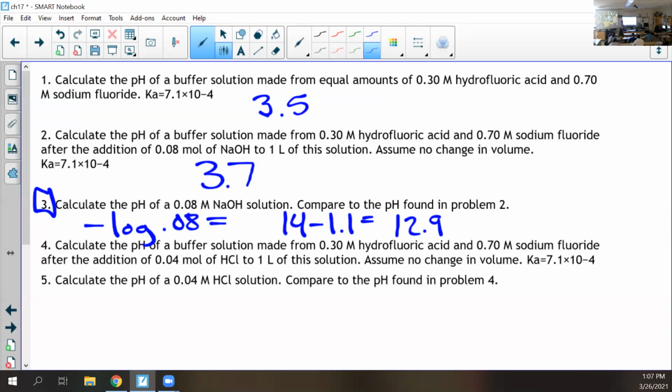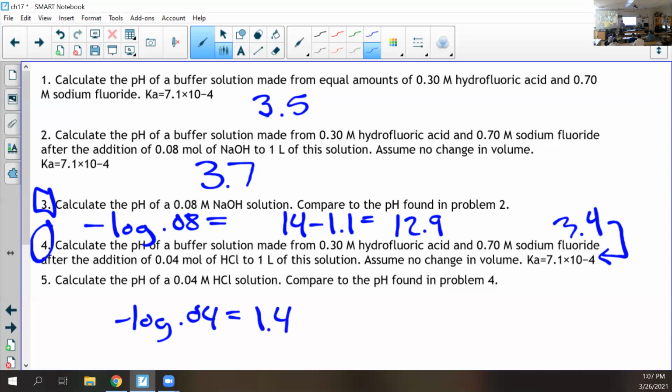Buffer. Okay, number 4, we add acid, so it should get a lower number. What was that pH? 3.4. And then what's the negative log of 0.04? 1.4. So we did that, and this is super common on the AP test.